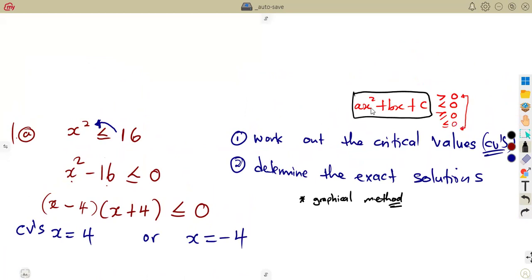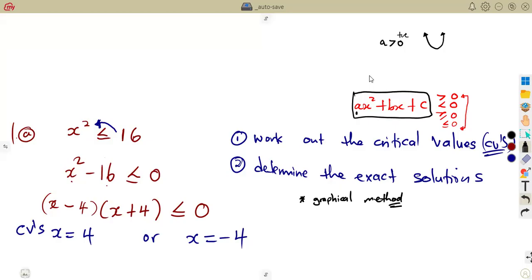Remember our functions. When you're given a function from your grade 10 mathematics, if we are given the a that we have here, on a condition that a is greater than 0, we are talking of the positive values, we are going to have what? A smiley shape like this one. This is what we are going to have.